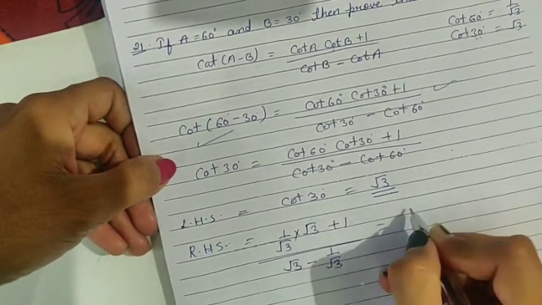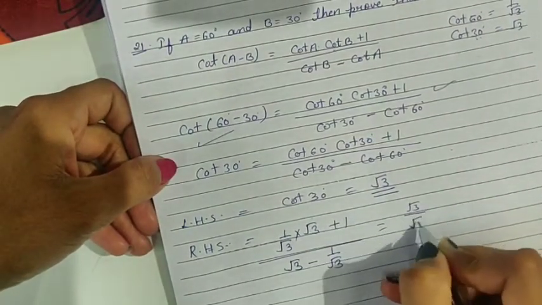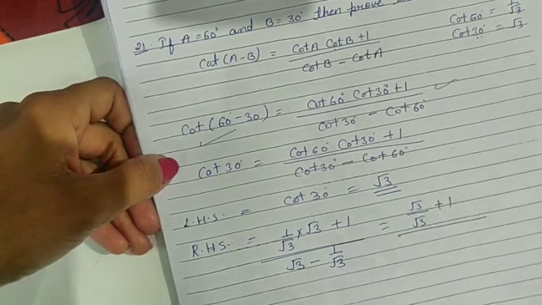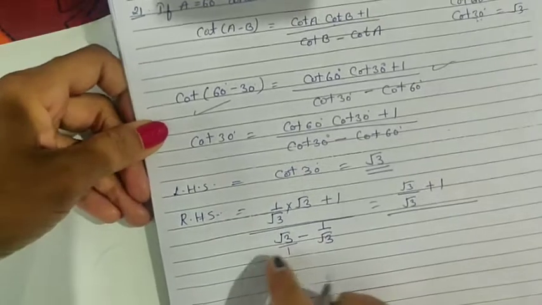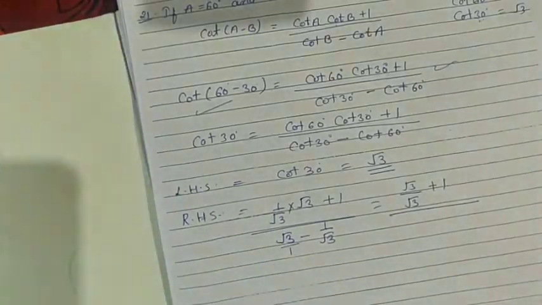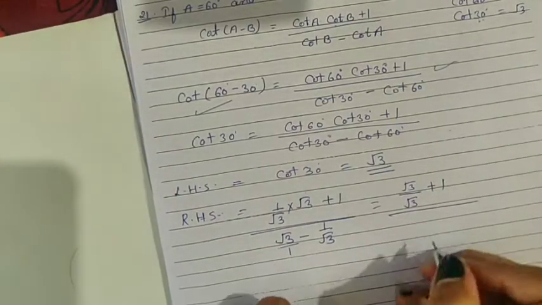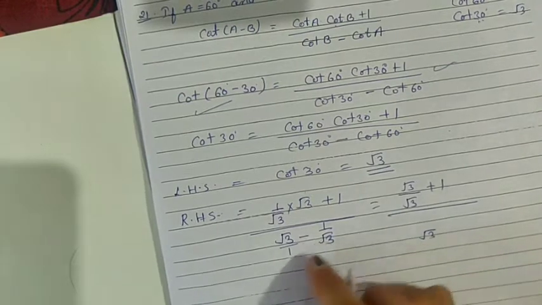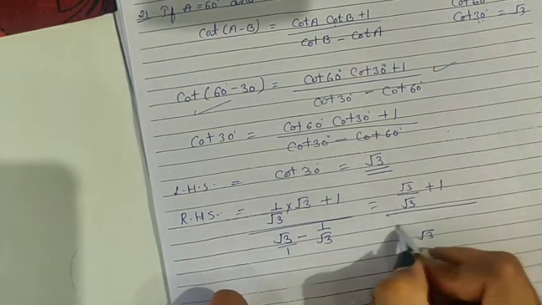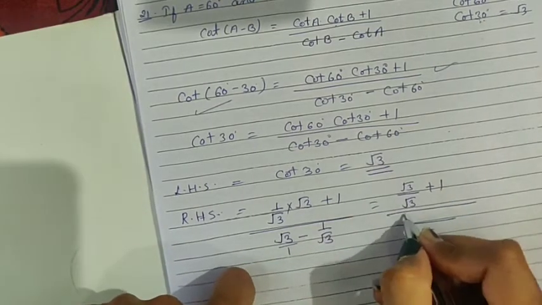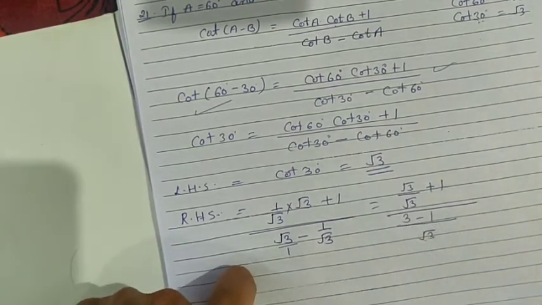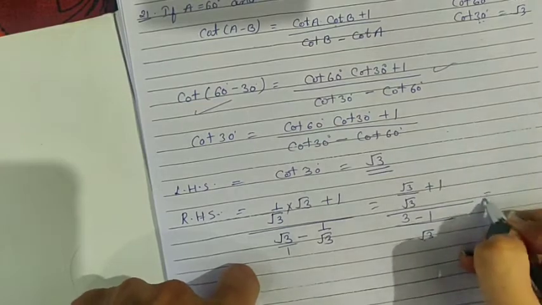Then we get 1 into root 3 upon root 3 plus 1. This is your numerator, and for the denominator we can write square root of 3 as square root of 3 upon 1. Now when we take LCM, then we get root 3. So this is equal to, when we multiply root 3 by root 3, then we get 3 minus 1. Okay.